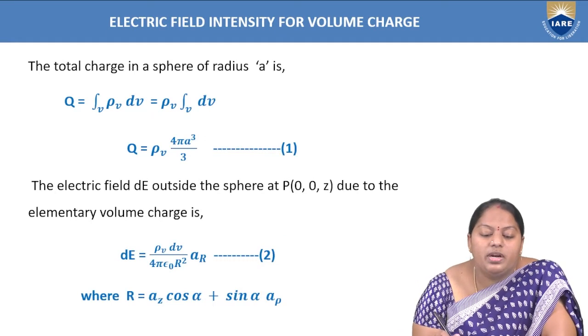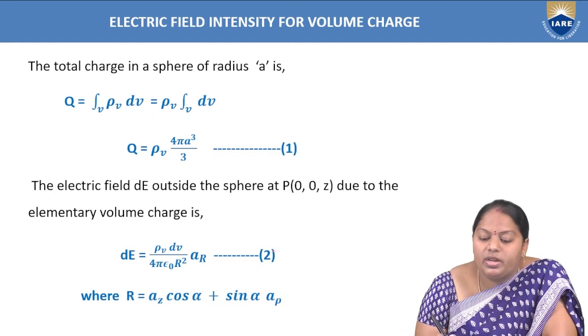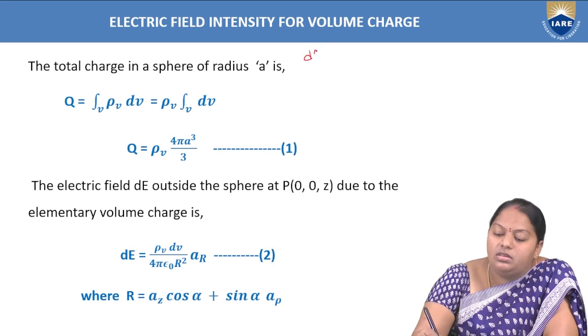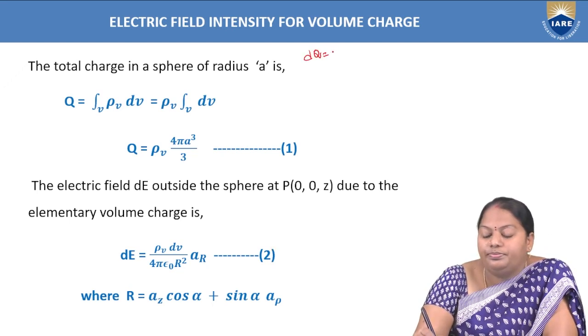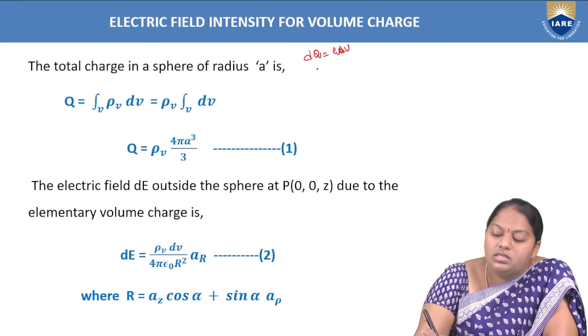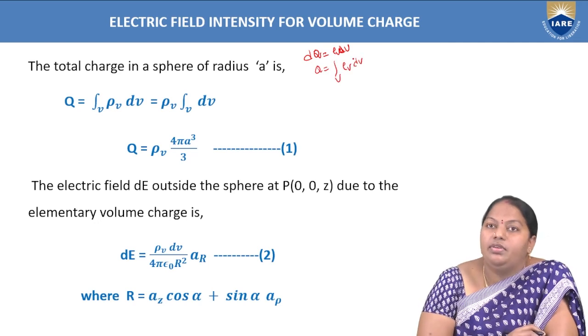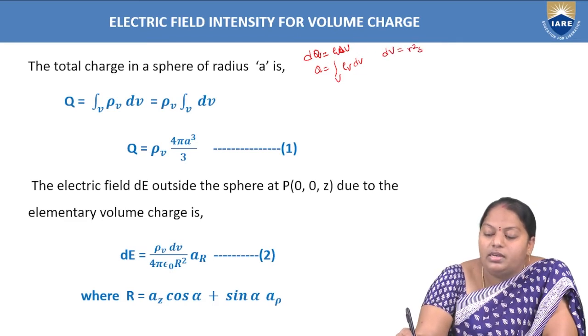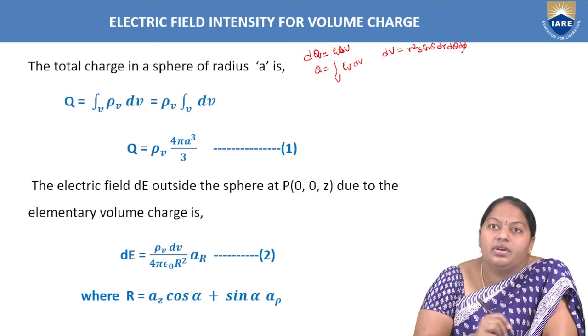From the analysis part, consider the total charge on the sphere of radius a. Previously we considered dq equal to rho v into dv. Now q equals the integral over v of rho v dv. What is the formula for dv in the spherical region? Just now we have seen that dv equals r square sin theta dr d theta d phi.